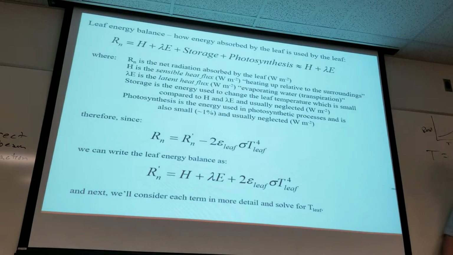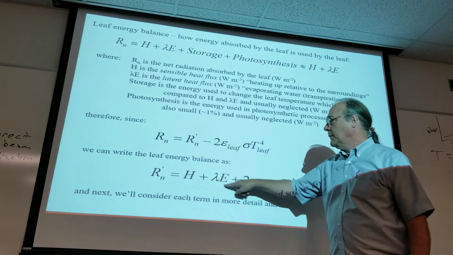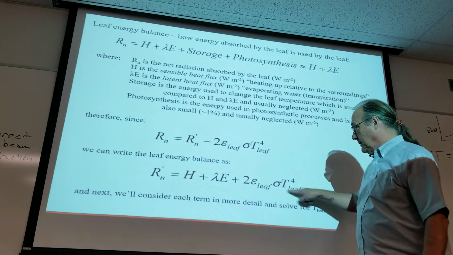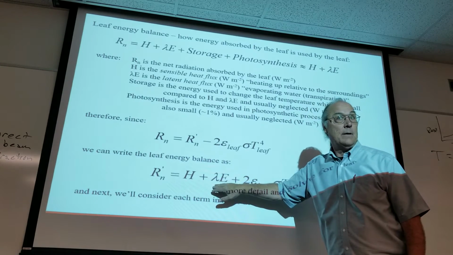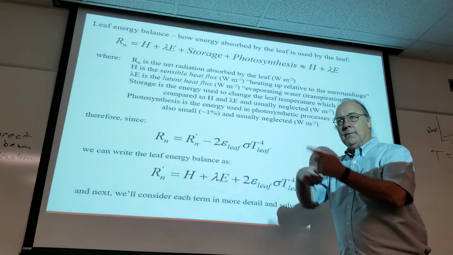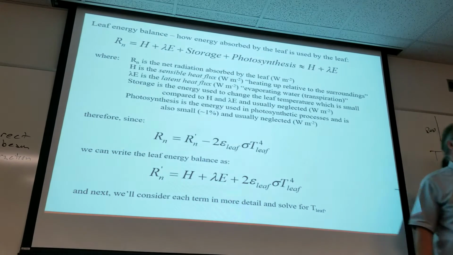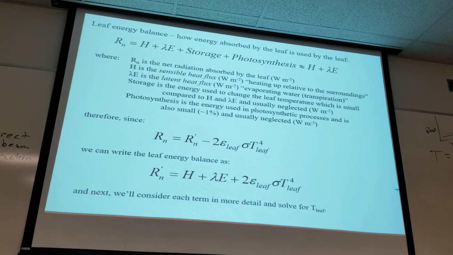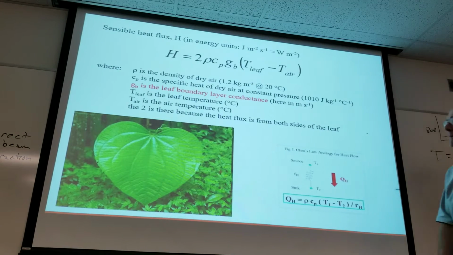Now what I want to do is give you an equation for this. These equations will have the leaf temperature in them. And then we'll come up with this monster equation and we'll rearrange it to solve it for T leaf.